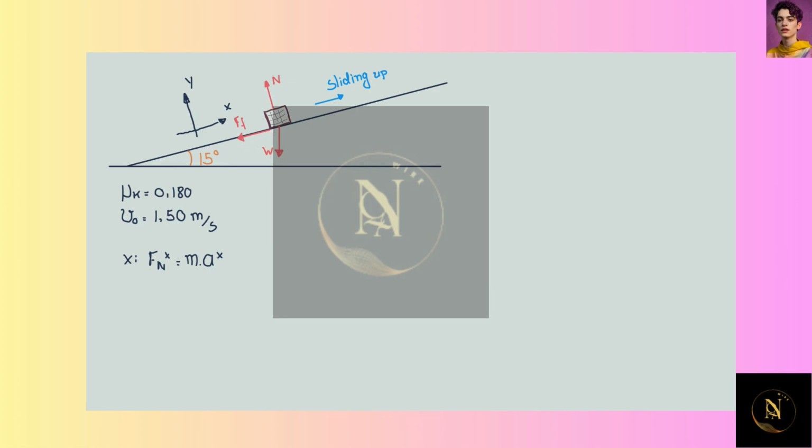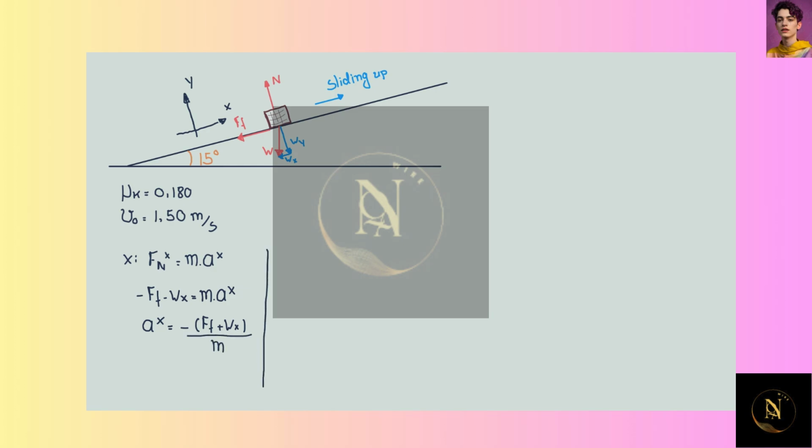The components of the weight force are as follows. This is the y component of the weight force and this is the x component of the weight force. Then, Newton's second law tells us that minus the frictional force minus the weight force component x is equal to the mass times the acceleration of the box. Then the acceleration is given by minus the frictional force plus the weight force component x, divided by the mass of the box.